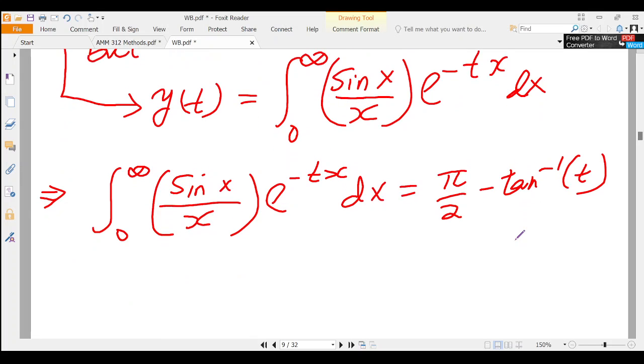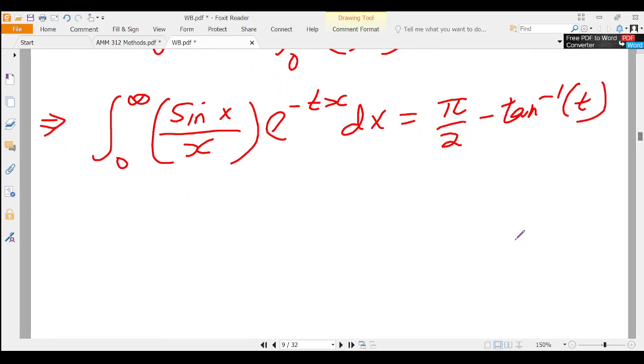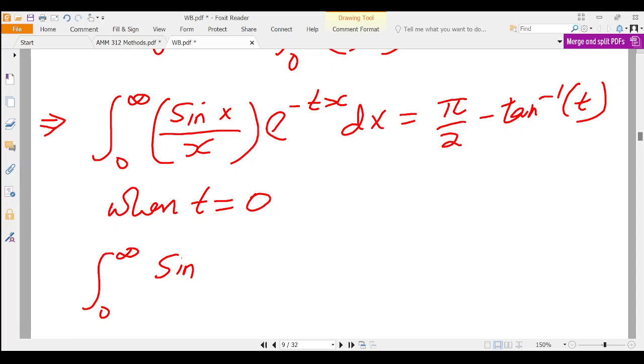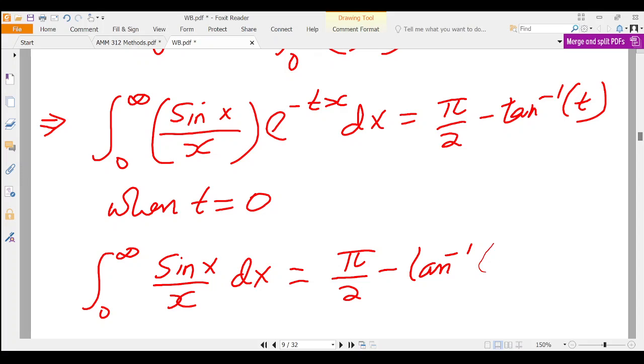So we now consider the case when t is 0. When t is equal to 0, the left-hand side becomes the integral from 0 to infinity of sine of x divided by x dx, because e raised to power 0 is 1. The right-hand side becomes pi over 2 minus tan inverse of 0.